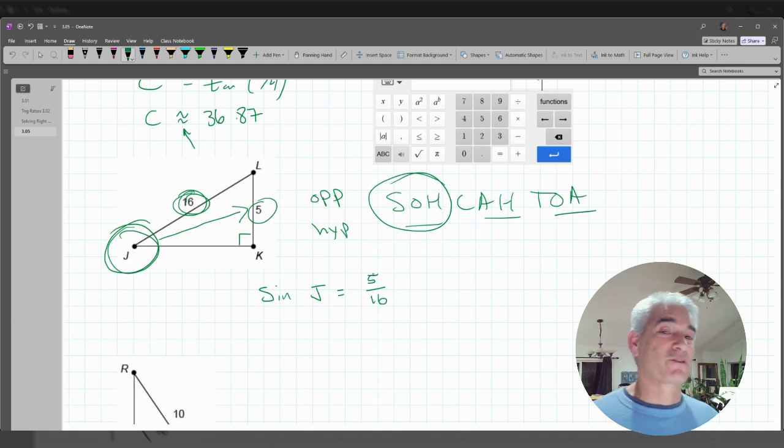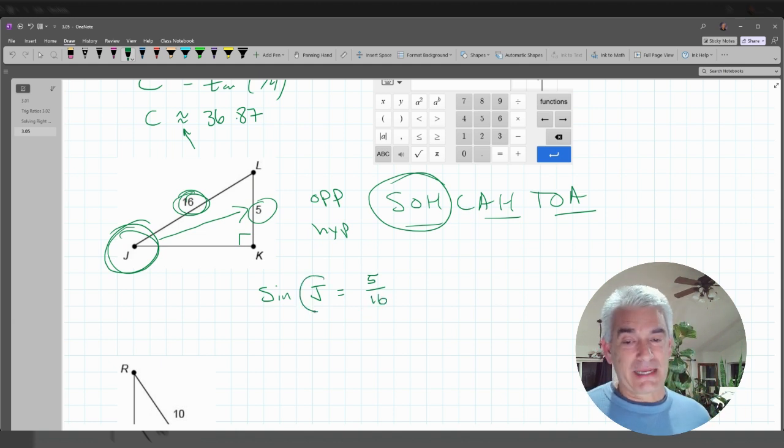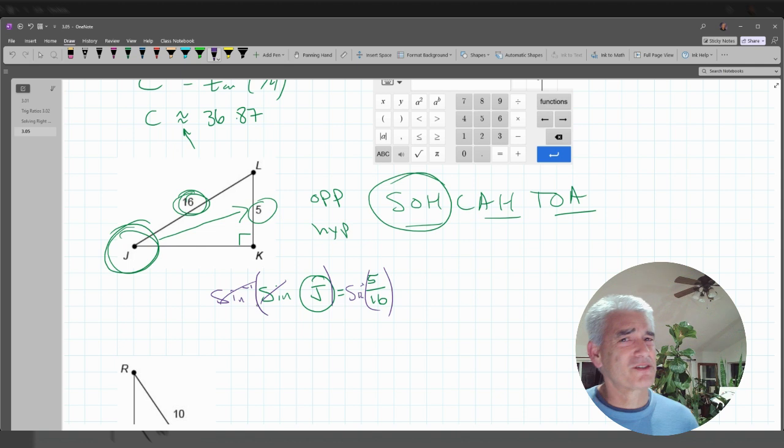And just like the last one, I need to get J by itself. I need to get rid of sine. Sine is a function. I need to undo that. That's the inverse function. So I'm going to take the sine inverse of both sides. Sine inverse pretty much cancels out sine. I keep saying pretty much, and there's a reason why.